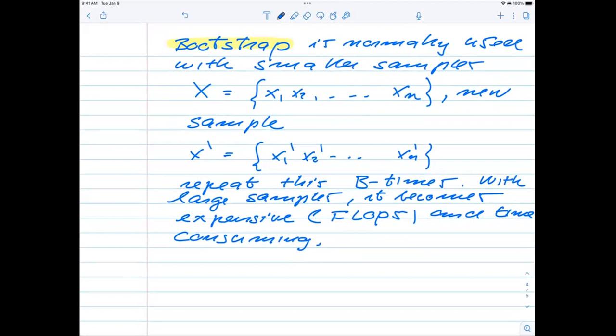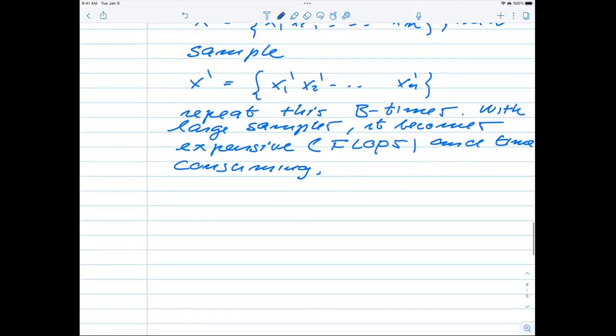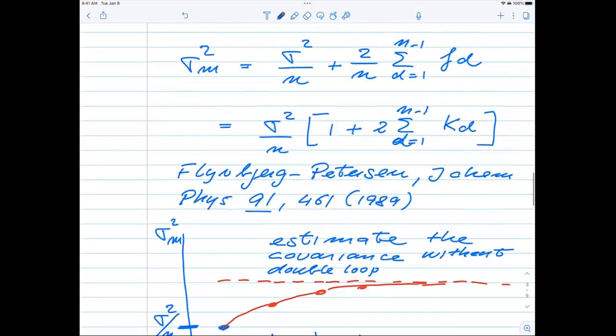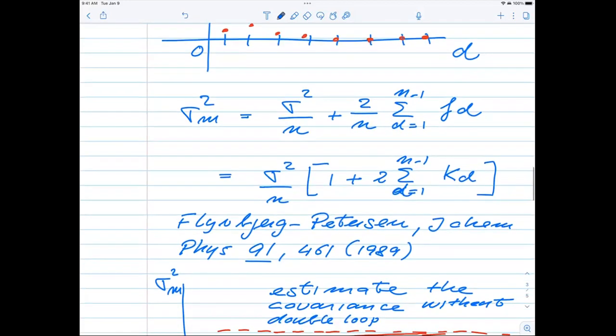So if we now look at the blocking method, the way it was introduced by Flyvbjerg and Petersen, so let's now just look back at the equations which we had. So we rewrote the sample variance, the total variance, sorry, in terms of this correlation function, which depends on the distance between two observations.